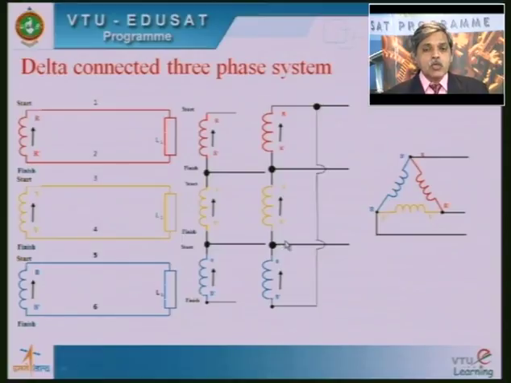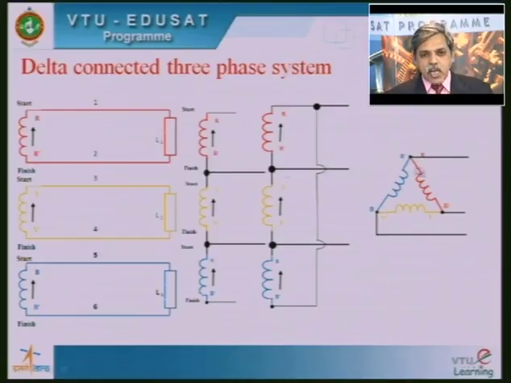So unless the three induced voltages add up to 0, I cannot connect the finish of B phase to the start of R phase. If I do so, there will be a resultant voltage that causes circulating currents inside the delta.